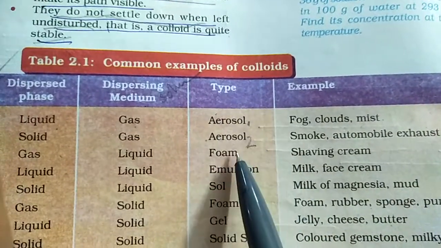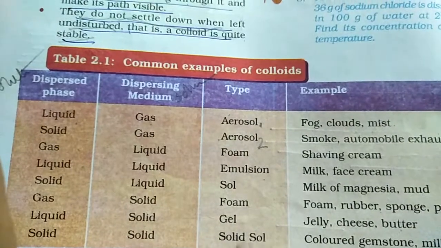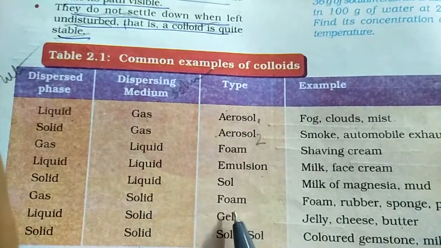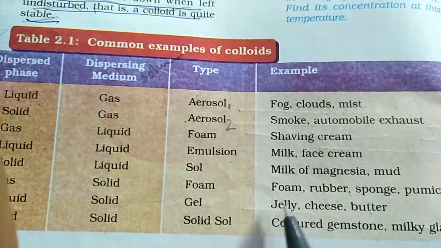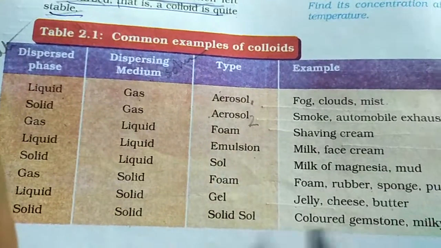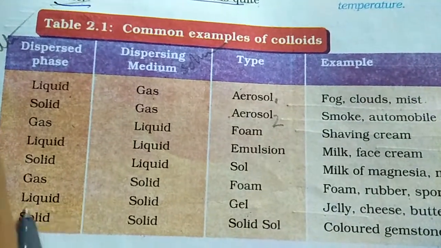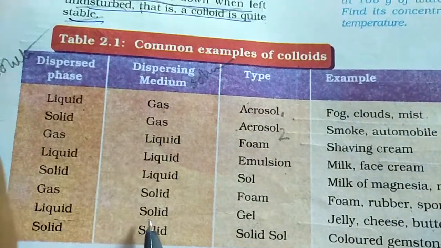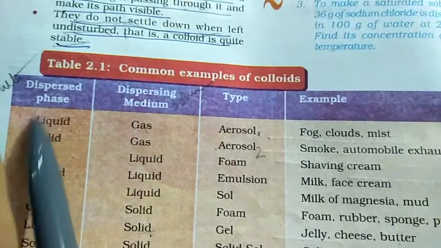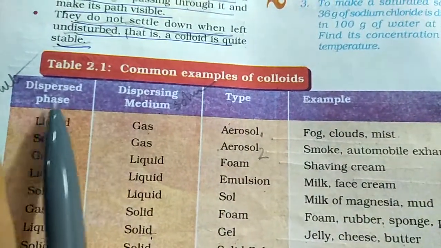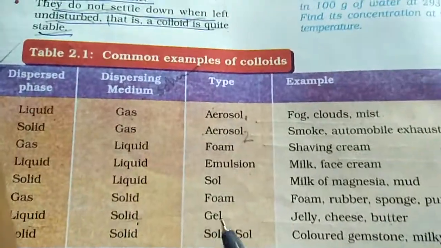So you have aerosol, foam, emulsion, sol, gel, solid sol. These are the types of colloids, and these are the examples. For example, if you take jelly, cheese or butter, it's a gel type of colloid where you have dispersed phase as liquid and dispersing medium as solid. Again I am telling, dispersed phase is like solute, dispersing medium is like solvent. Okay, thank you.